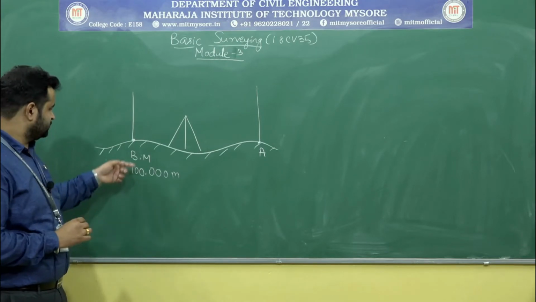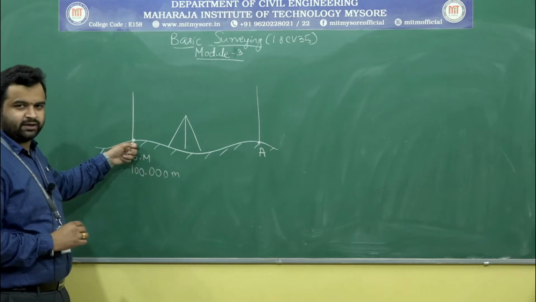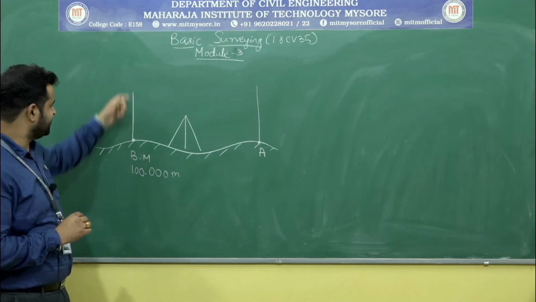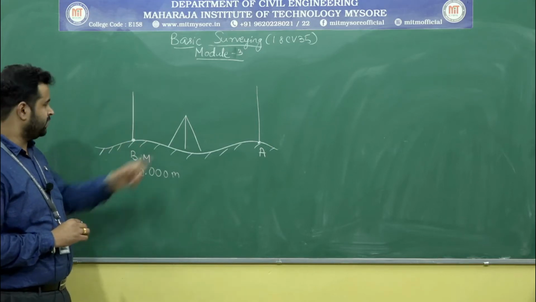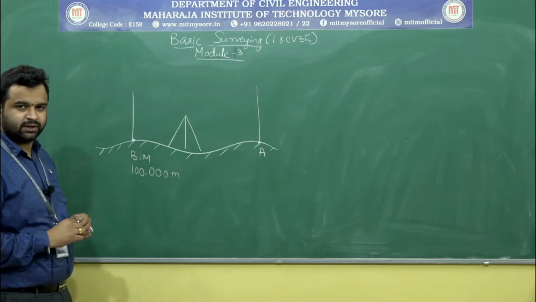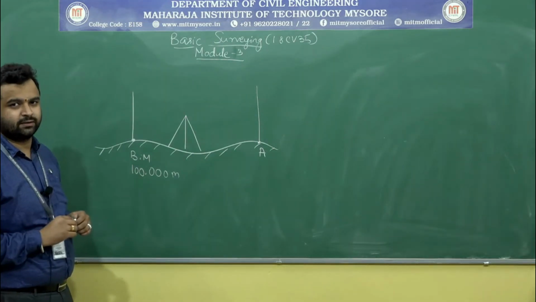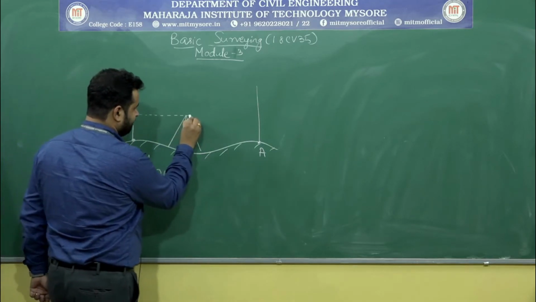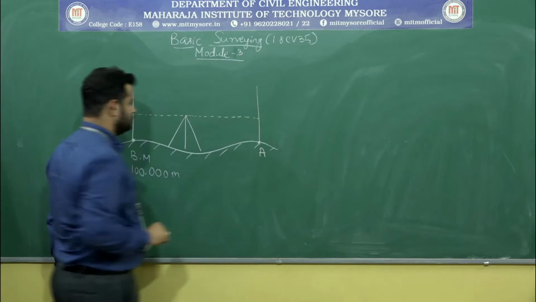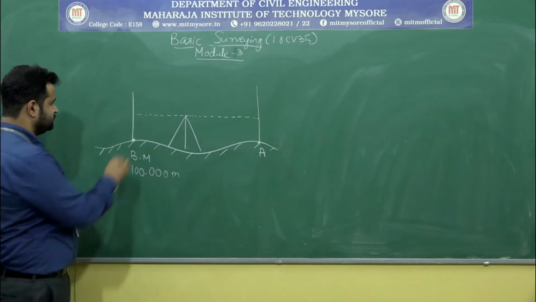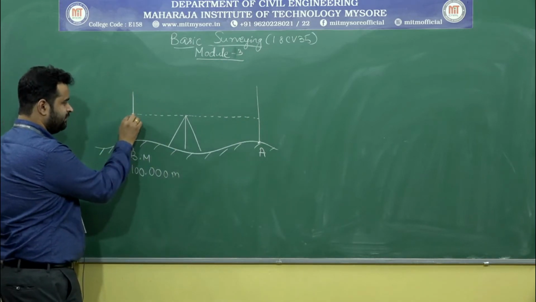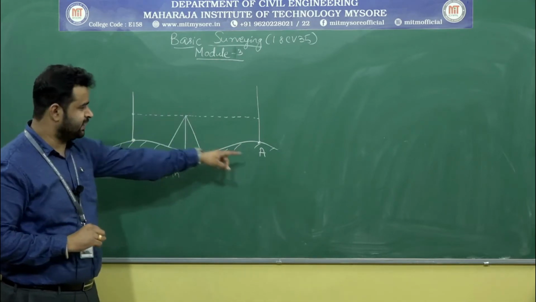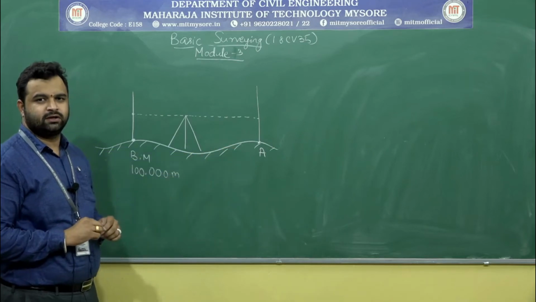Next, if we know the elevation of this point, how can we calculate the height of instrument? That is by keeping a staff here, taking a back sight to it and recording the staff reading. Once you record the staff reading, you will have the height of instrument. Using this height of instrument, you can easily calculate the elevation of the next point.